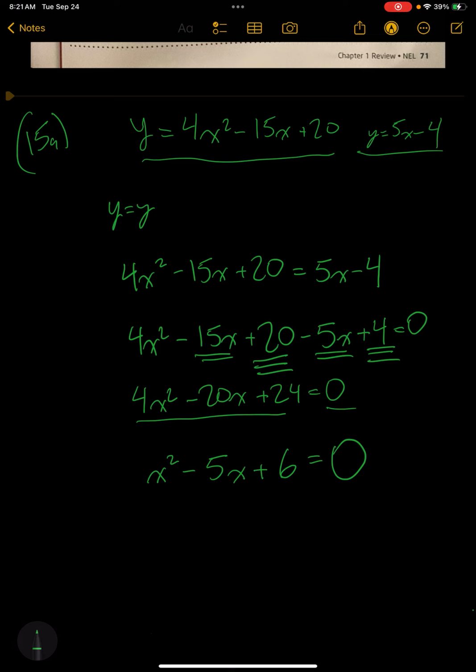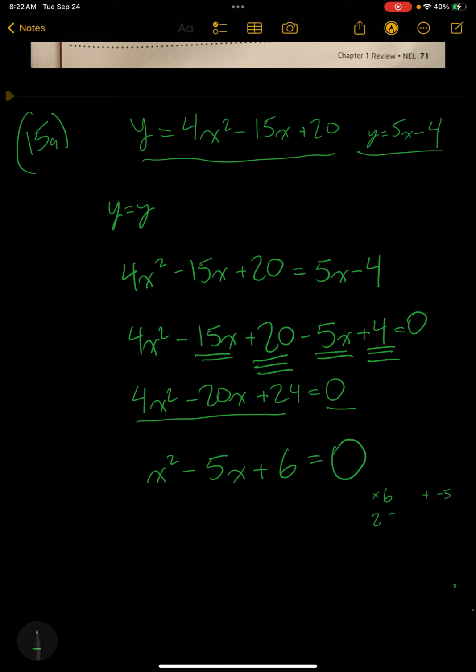Now, is this factorable? The question we need to ask is, can we have two numbers that multiply to 6 and sum to negative 5? What numbers multiply to 6? 6 and 1, but 6 minus 1 or minus 6 plus 1 doesn't multiply to positive 6, so that can't be the case.